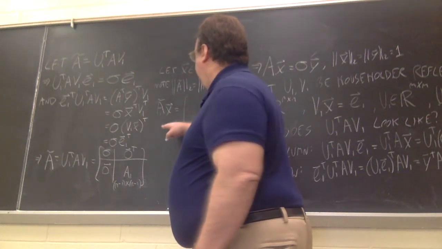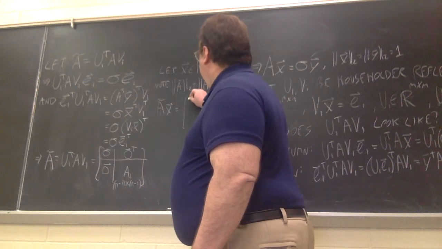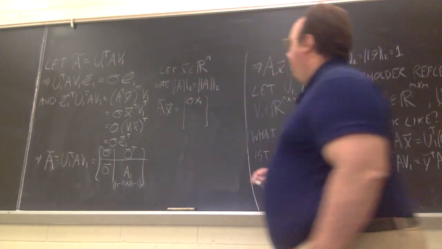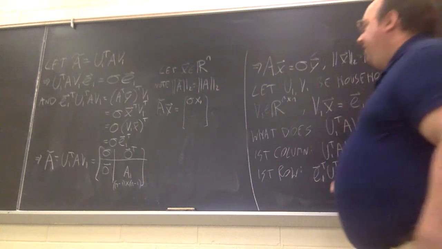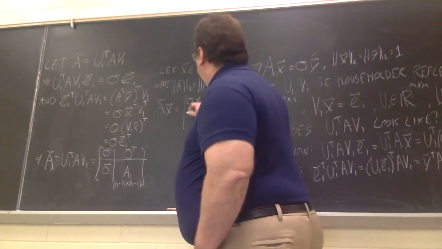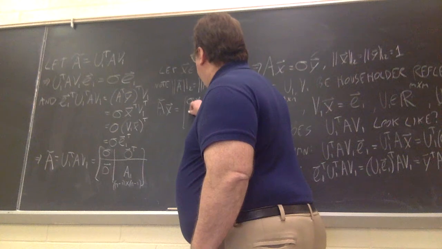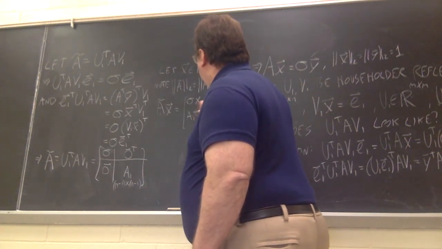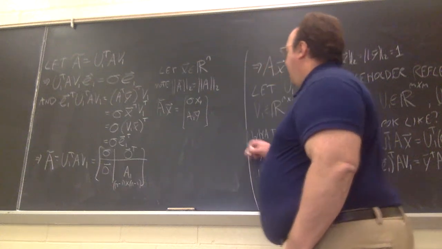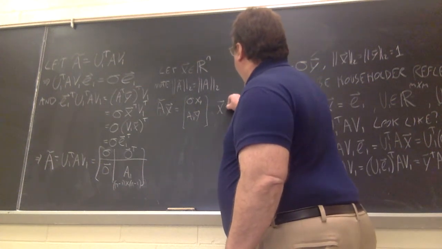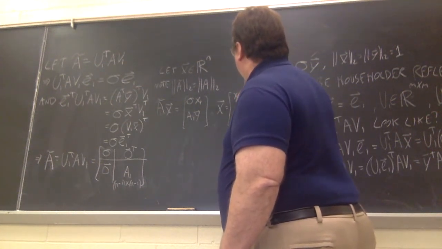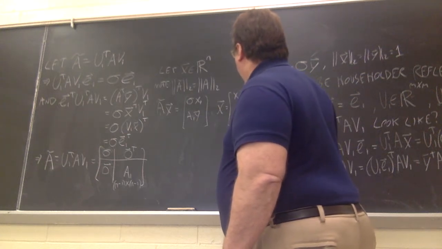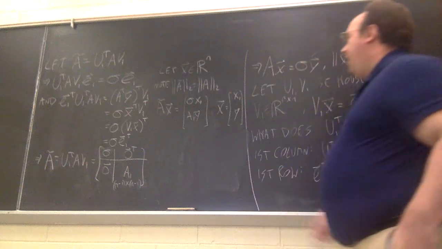The first element is going to be sigma times x1, whatever x1 is. And then the rest of it is going to be A1 times vector y. So I'm breaking x down into two parts: the first element here and everything else, which I'll call y, just to call it something.